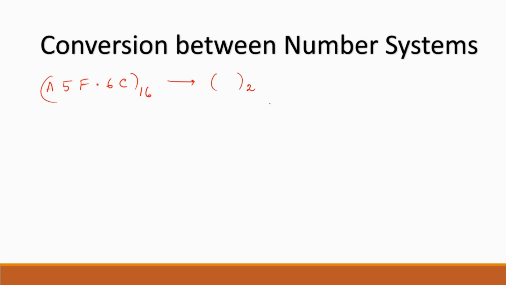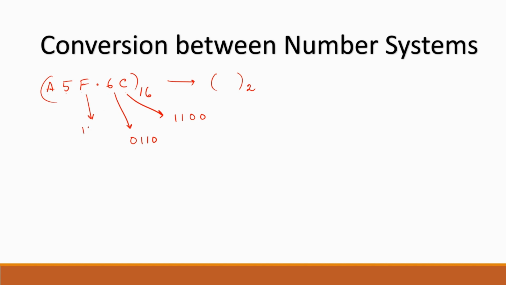Now we know that each digit in the hexadecimal number system can be represented using a 4-bit binary number. So all that we need to do is know the 4-bit binary representation of each of these hexa numbers and write it out. C here is nothing but 1100. 6 is 0110.